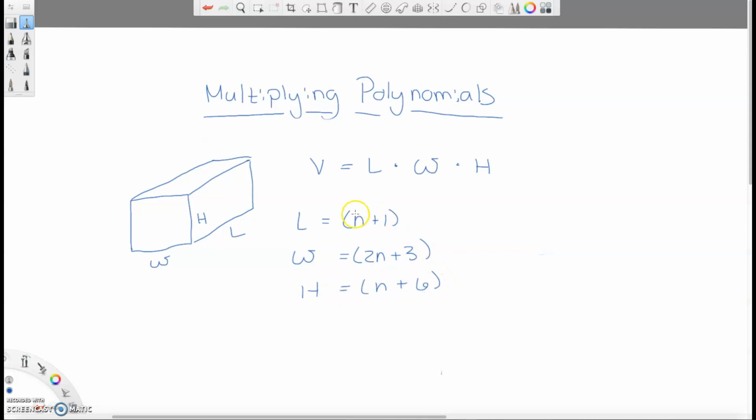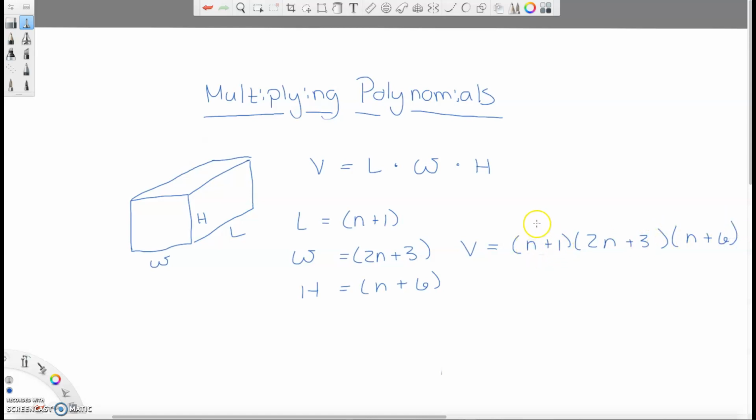I've got L, W, and H, and I know V is going to be equal to the multiplication of each together. So let's write V is equal to length, which is n plus 1, times the width, which is 2n plus 3, times the height, which is n plus 6.